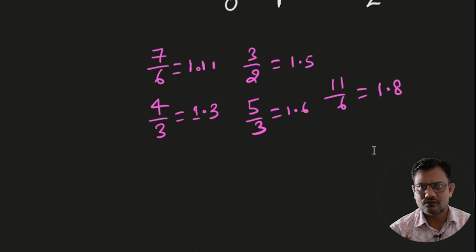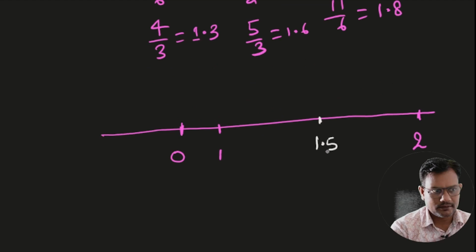That means we have the number line starting from 0, 1 and here is the 2. Understood now? Here is the 1.5, here 1.8, here is the 1.6, here 1.3, here 1.1.